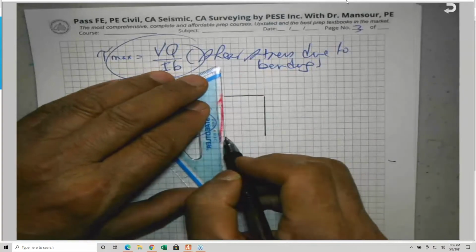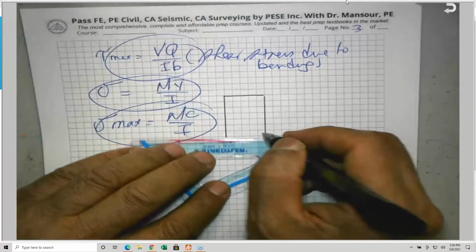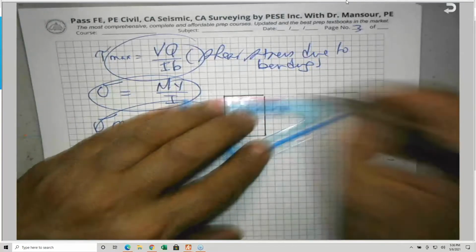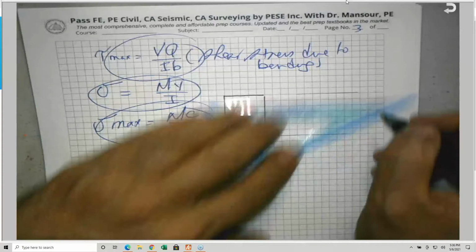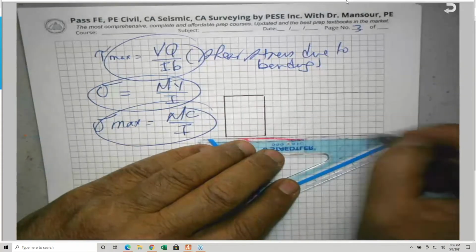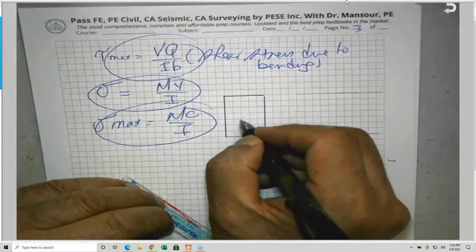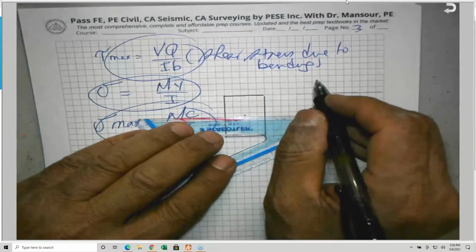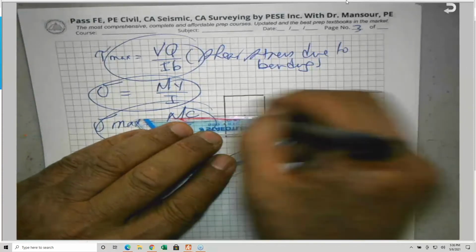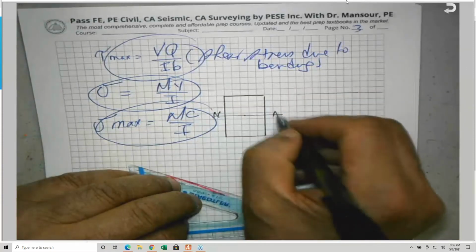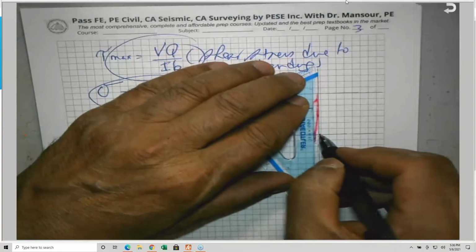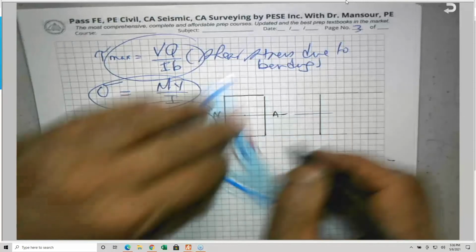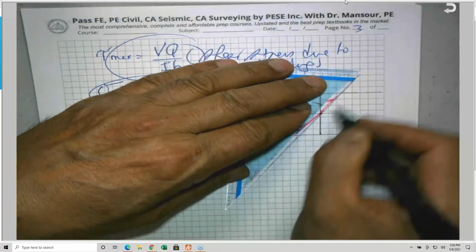If this is a rectangular shape, you will find that the bending stress is linear and maximum at both ends.